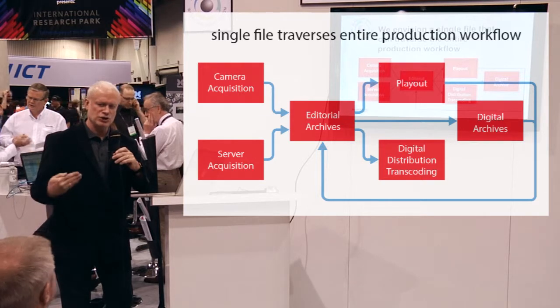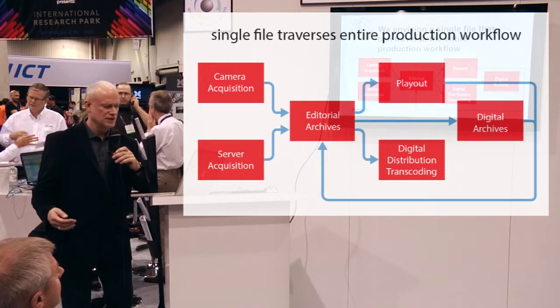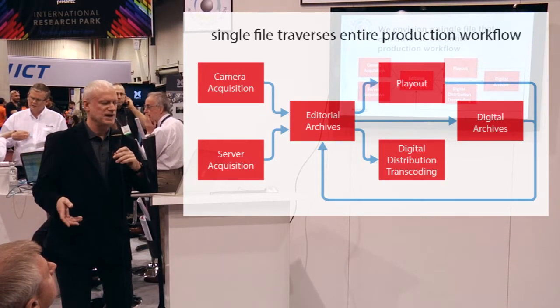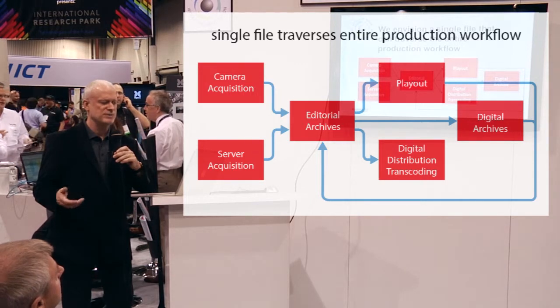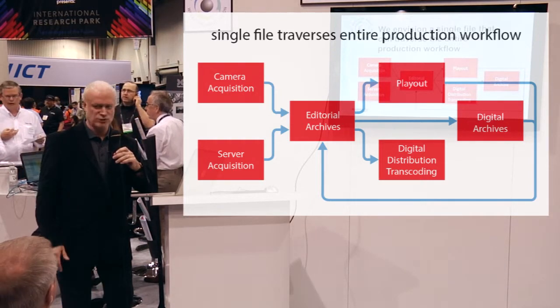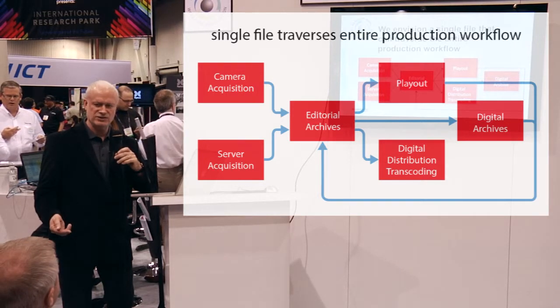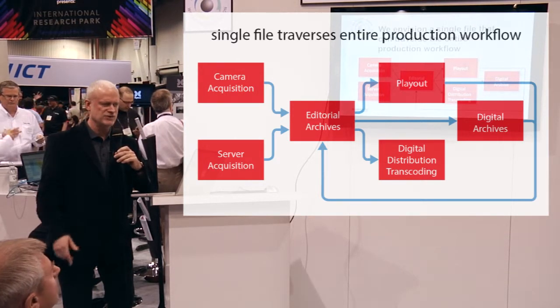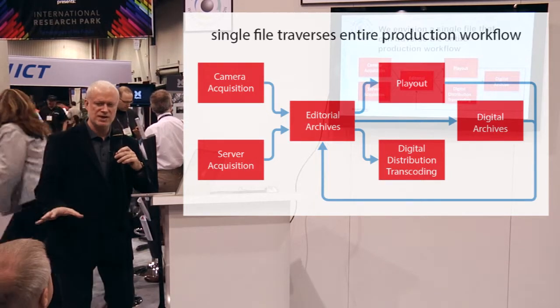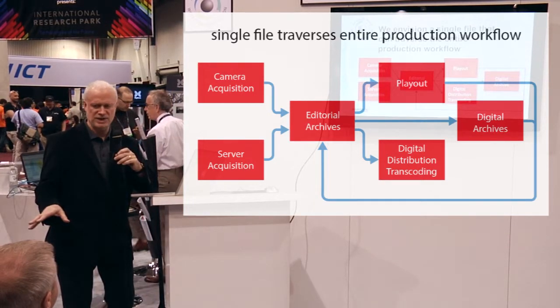You could edit it, you could create the same type of file, and then you could play that file out, and you could distribute that to your other digital partners, and you could archive that file, and then obviously you could fulfill it and go back through the same workflow. And you didn't transcode the file, you didn't have to manipulate that file whatsoever.